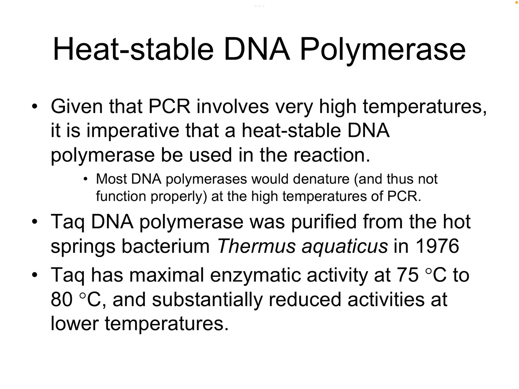We can use the Taq, purified from the hot springs bacterium Thermus aquaticus. The Taq has a maximal enzymatic activity at 75 degrees Celsius to 80 degrees Celsius and substantially reduced activity at lower temperatures. So its activity is greater at higher temperatures.